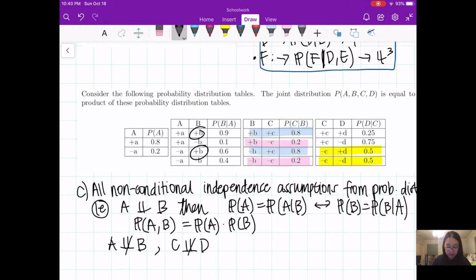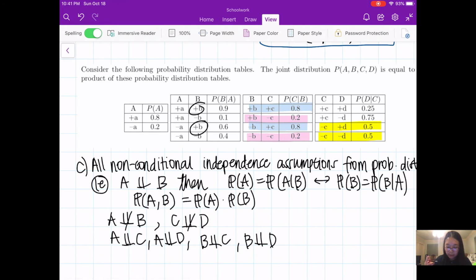So you can directly write out that, for example, A is independent with C and with D, and B is independent with C and D as well. Cool. And then you have all the 6 different relationships between the 4 variables.